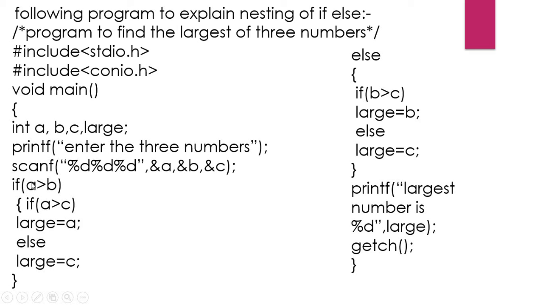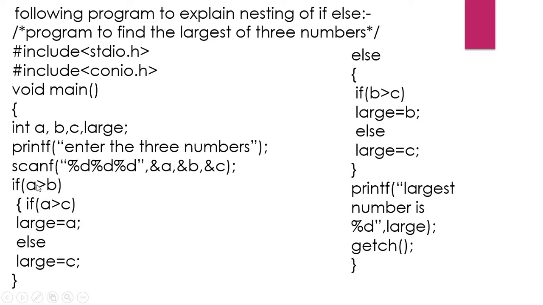Now the condition: if A is greater than B, one more if we have used within the parenthesis of this if, that is whether A is greater than B or A is larger than C. Over here, if the variable A is greater than B and C, the A value will be stored within this large variable.